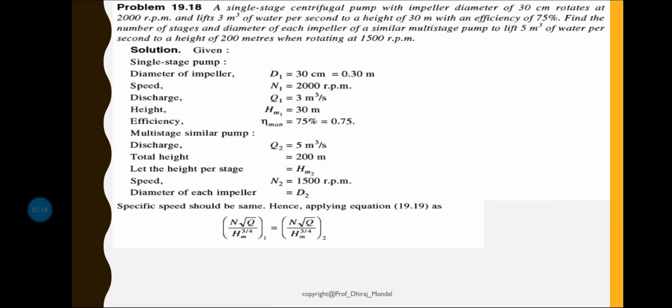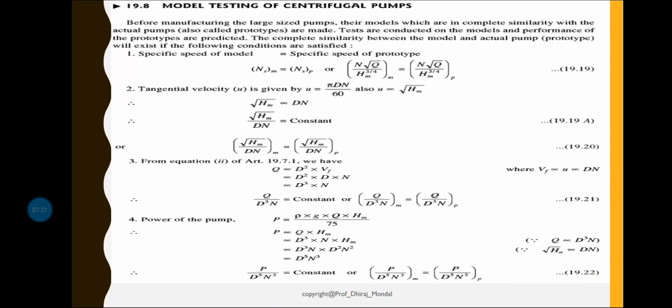So first numerical you can see. Again remember, these are your three equations, number 1, number 2 and number 3, and one more, number 4, specific speed.